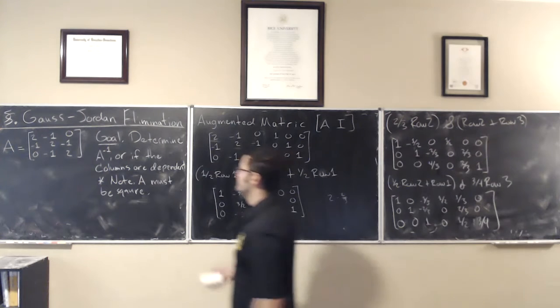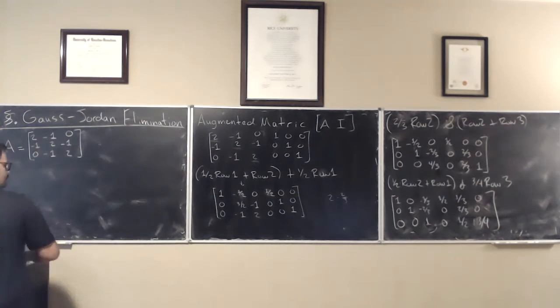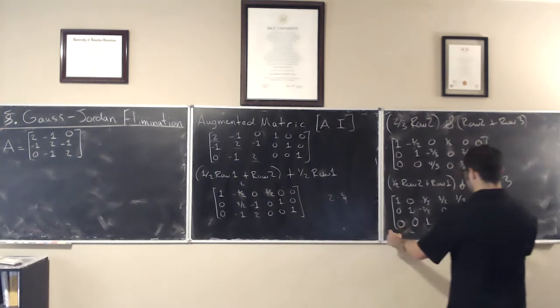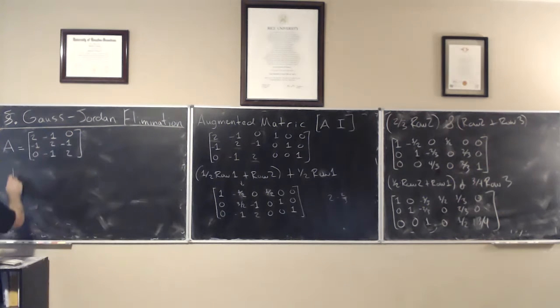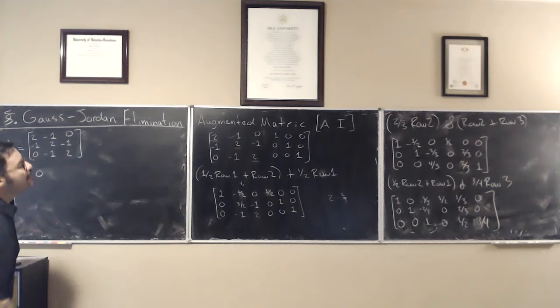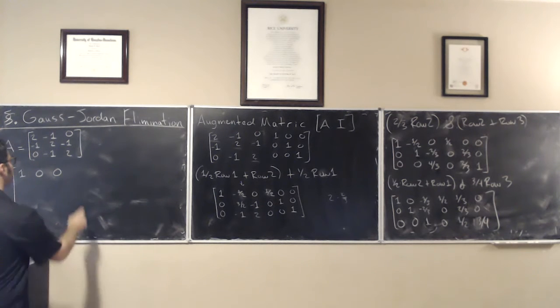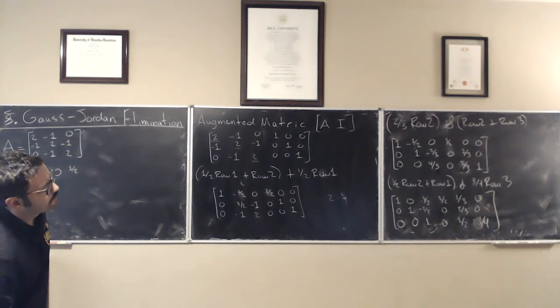So let's see what happens. So 1/3 of this plus that row. Okay, so what is that going to give me? So 1, 0, 0, 1/2. 1/3 of that row.